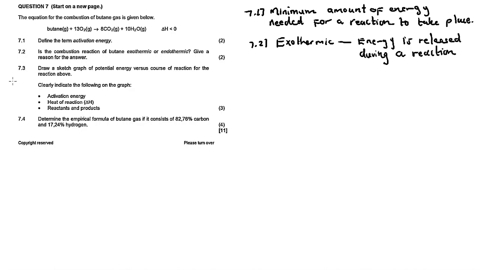7.3: draw a sketch graph of potential energy versus course of reaction for the reaction above. Since the reaction above is an exothermic reaction, I'm expecting a curve like this one.